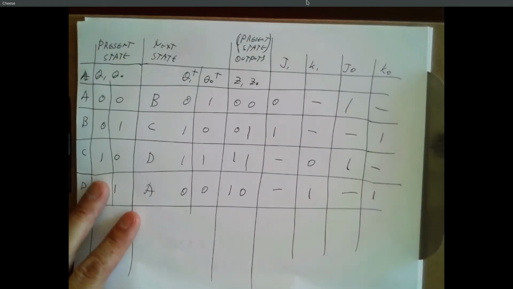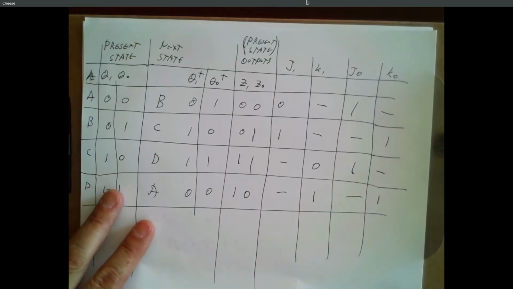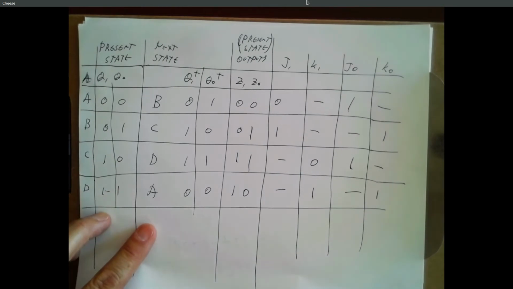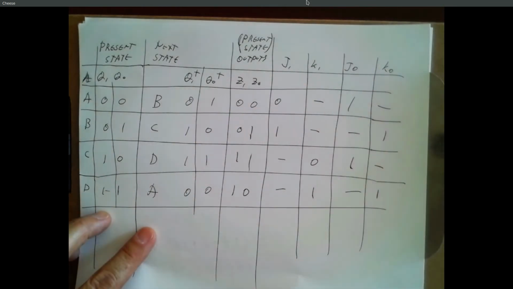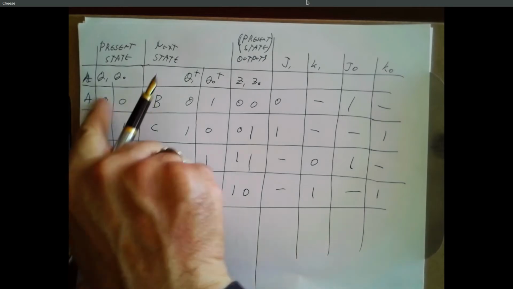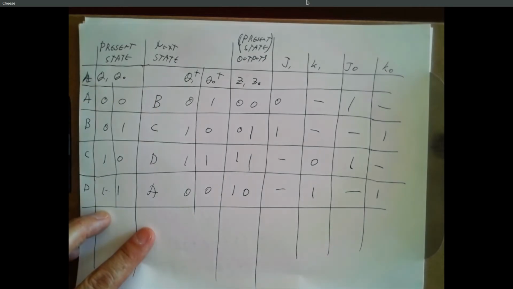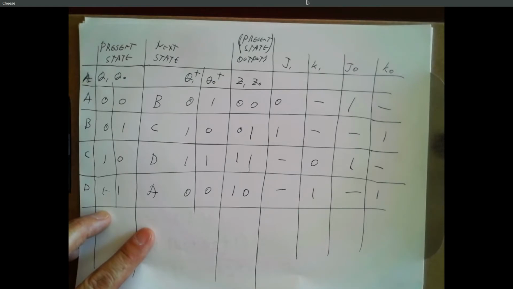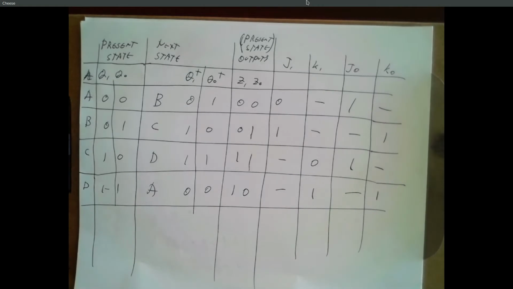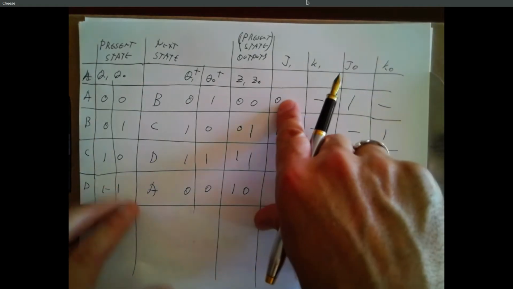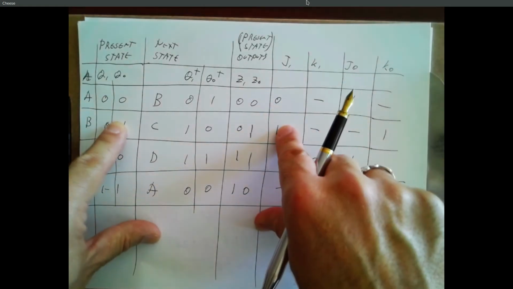All right, no K-maps anywhere in sight. What can we set J1 equal to get this column of J1 values in terms of Q1 and Q0? Yeah, if we set J1 equal to Q0, there's a 0, there's a 1.